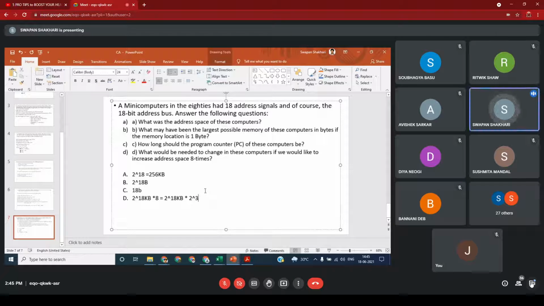So if we increase the address signals from 18 and add another 3, the total number of address signals will be 21. In this question, for the PC, the length of the PC will be 21 instead of 18. So here also we will increase the PC length by 3 bits.